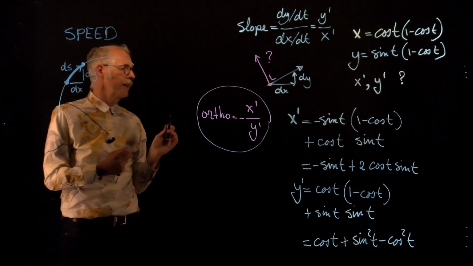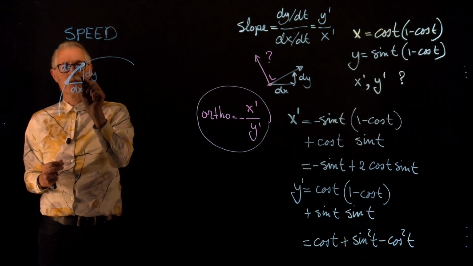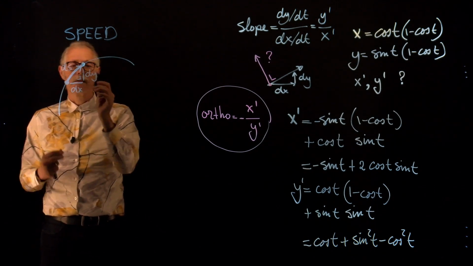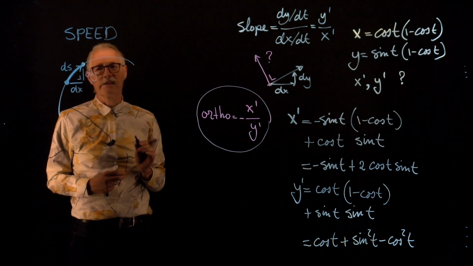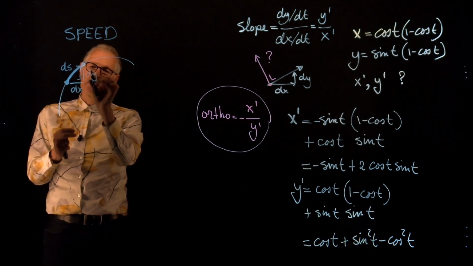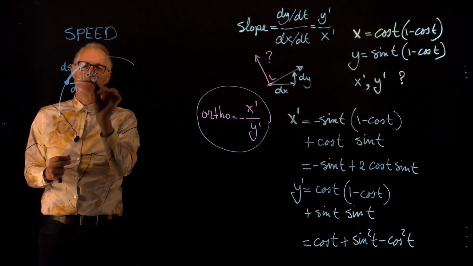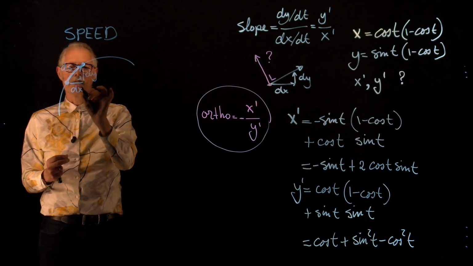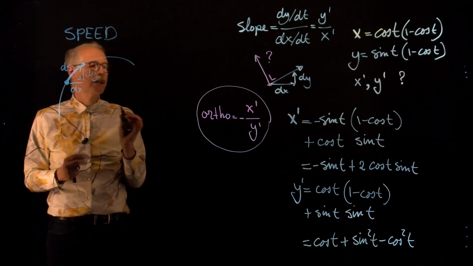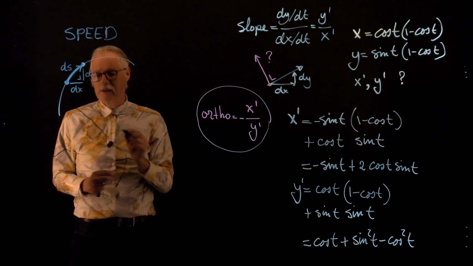we get a small triangle, a triangle of the orthogonal type, which means that Pythagoras' law applies. And actually, the Pythagoras law doesn't only apply here to this triangle, so the ds squared equals the dx squared and the dy squared. It also works at the level of the derivatives.